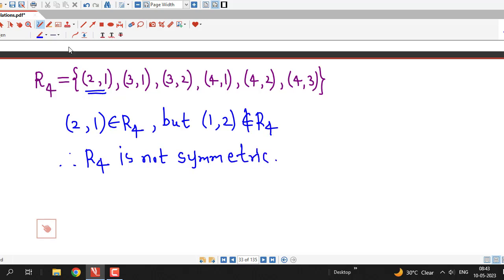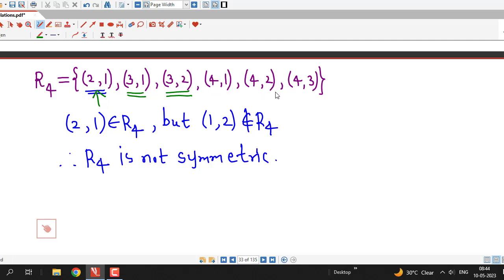Now we check for antisymmetry. Here I have (2,1), 1 and 2 are different, but (1,2) is not present. Now I check for this, 1 and 3 are different, so I have to check whether (1,3) is present or not. So (1,3) is also not present. (3,2) belongs to R4, so I have to check whether (2,3) belongs to R4 or not.